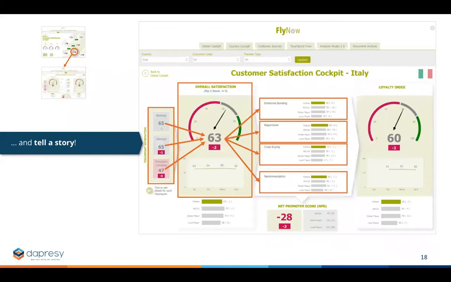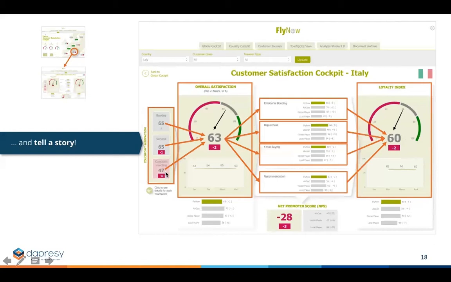The company defined that those 4 components, emotional bonding, repurchase, cross-buying, and recommendation, define the loyalty index. On the right side, the loyalty index is for FlyNow the most important indicator, so if this one goes down, they can easily go from right back to left to identify the cause of the issue.